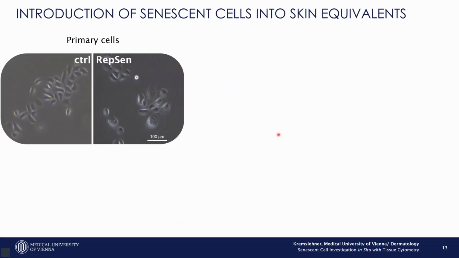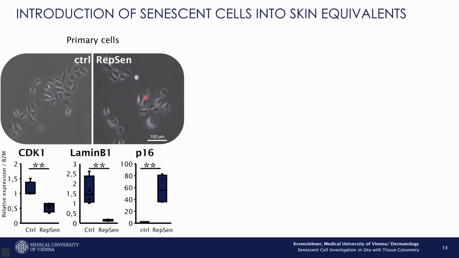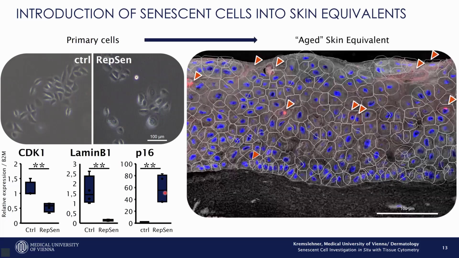So before they went into the skin equivalent, our replicative senescent keratinocytes showed a change in morphology, as well as a change in the established senescence markers. So there was a reduction of CDK1 and lamin B1 mRNA expression with an increase of P16. And in the tissue sections, we were able to track them due to the red fluorescent label.